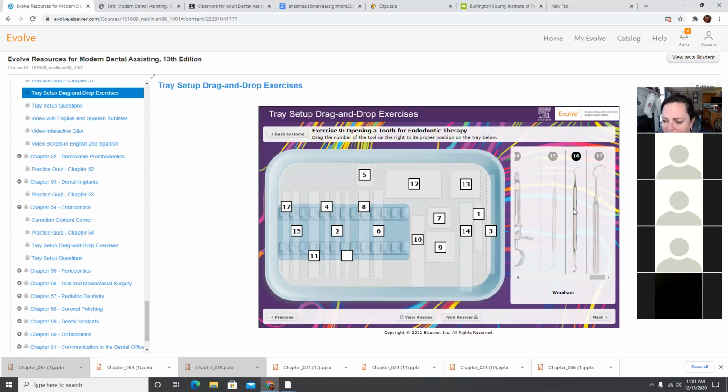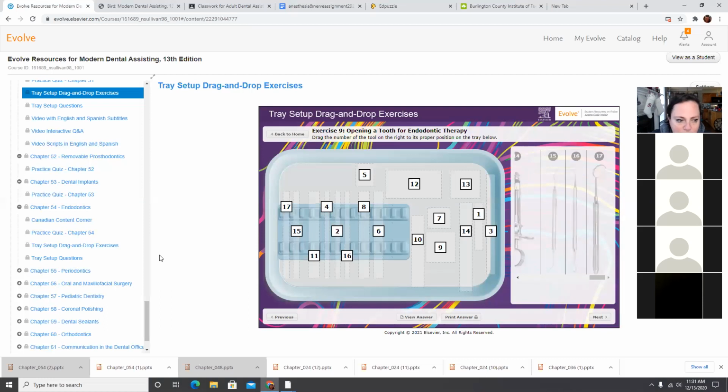A Woodson has a flat-ended condenser on one end and a plastic instrument on the other. That's a Woodson. So if asked, a Woodson is typically used for restorative procedures, okay? I wouldn't necessarily put a Woodson here, but they did, so I'm going to put it on the tray.